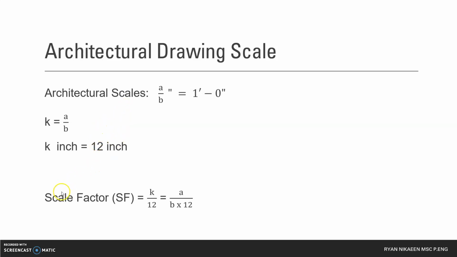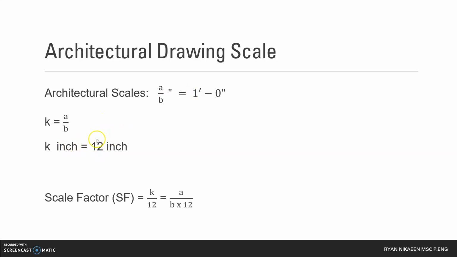So a scale factor is K divided by 12. Do you remember for the part that I just showed you, the mechanical engineering part, the scale factor was 1:2. In this case K is equal to 12. Why change this 1 foot to 12?